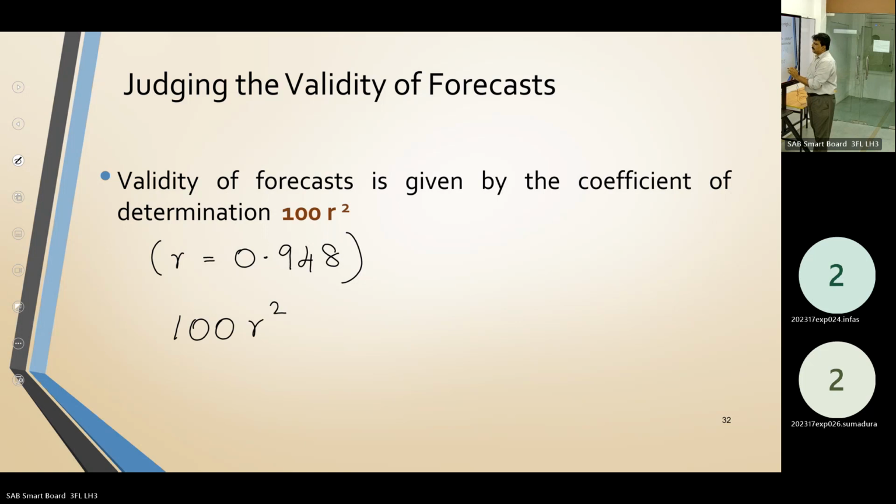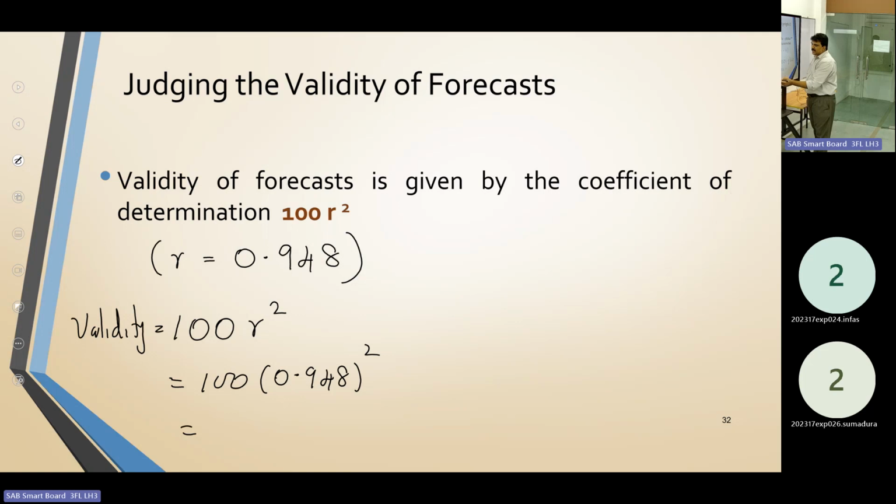Validity equals 100 R square, so 100 times 0.948 squared.